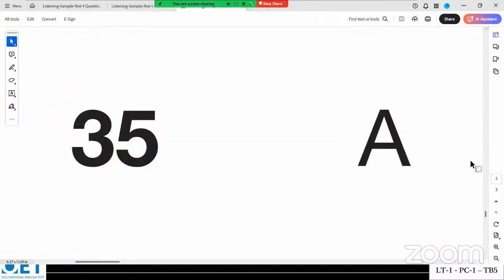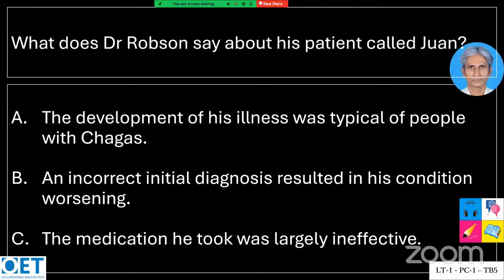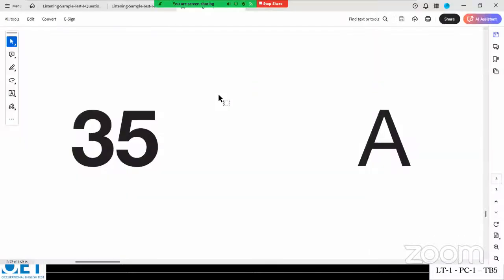34A. See what exactly is being said there. What did Dr. Robson say about his patient called Juan? Try to understand the question there. 35.